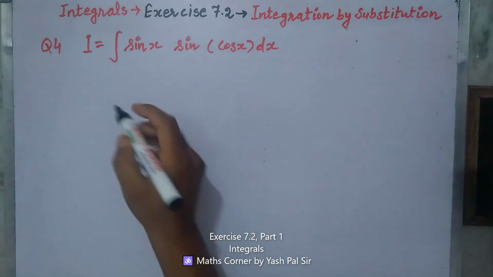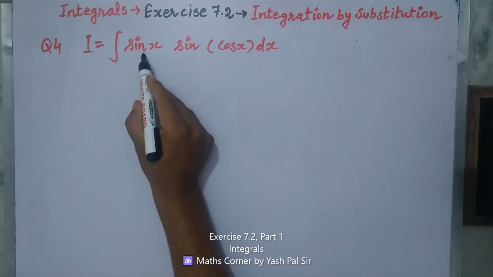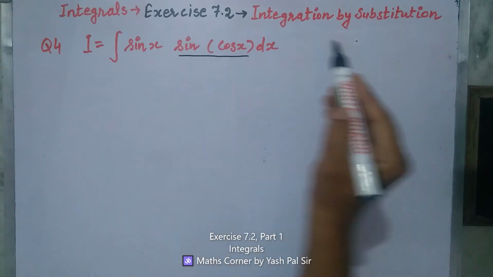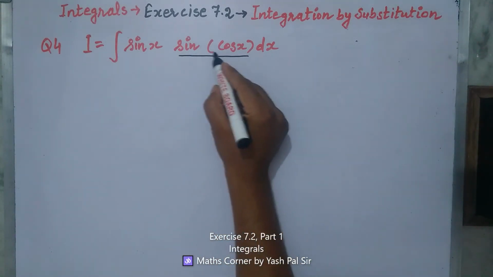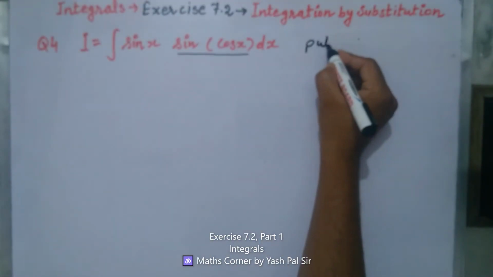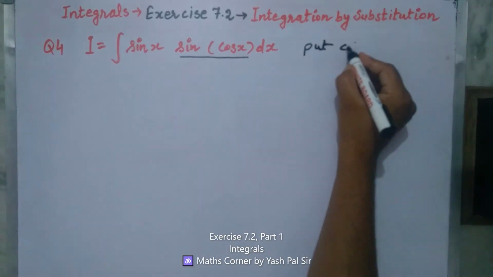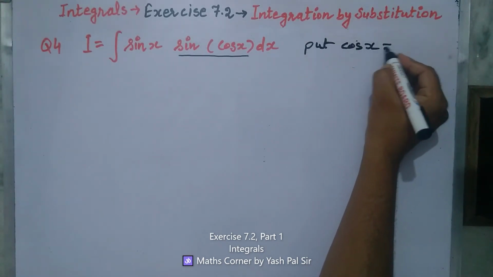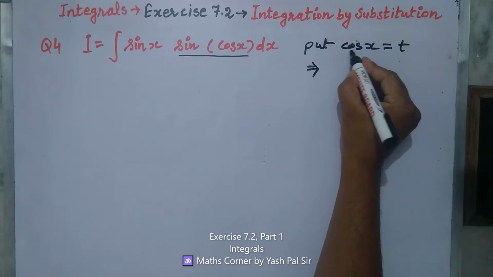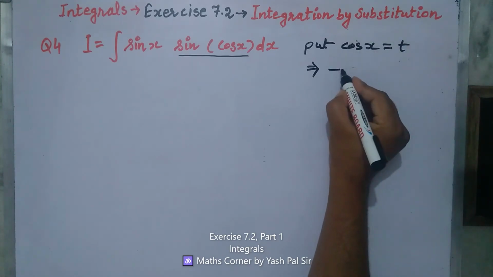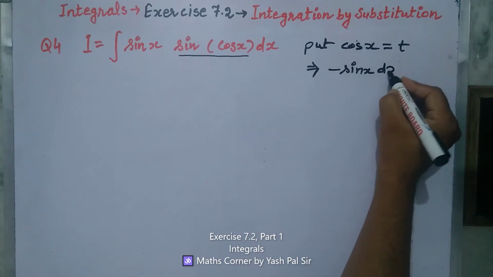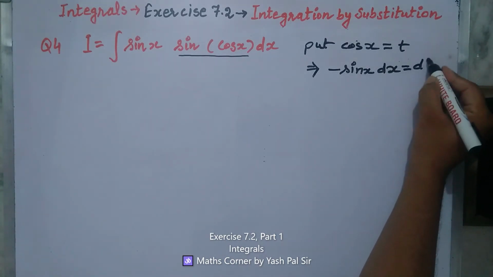Our next question, question number 4, sine of x into sine of cos of x. So this is the problem here. Now to substitute, put this bracket cos of x equal to t. Differentiating with respect to x, the derivative of cos of x is minus sine of x into dx is equal to dt.